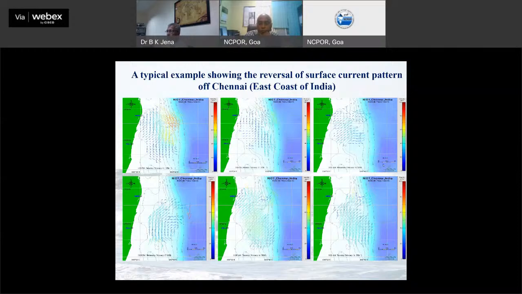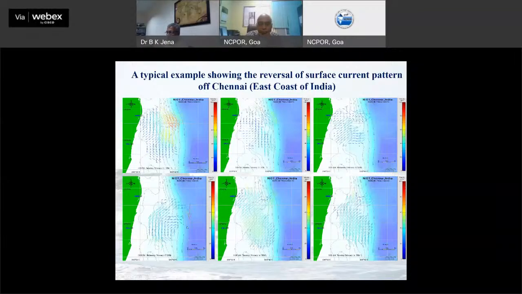Here I just want to inform you that on the east coast of India, you may know that the currents are transitional during February and October. And you see here, between 2 days the entire current pattern is changing. This is the 11th February, where the current is going towards south, and it has a tendency to, so that is 0.